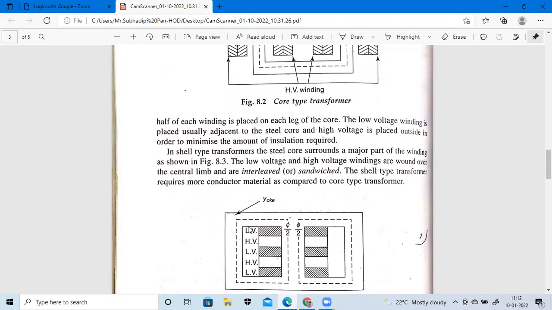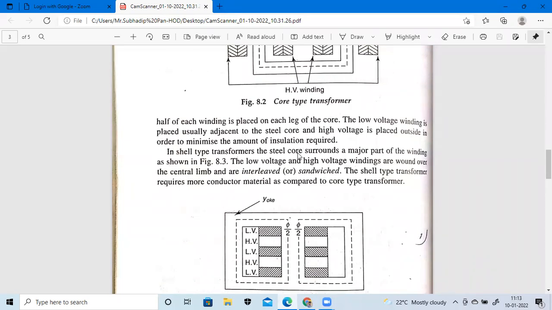The same way, through this dotted line in the core, the total flux phi flows through the central path, and half of the central limb flux flows through this path and half through this other path. So the total flux value in the central limb is the same phi as in the previous one.